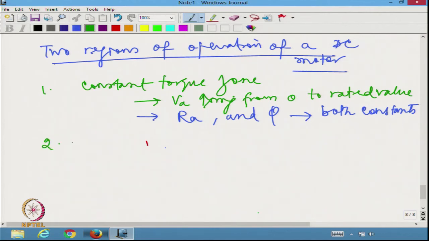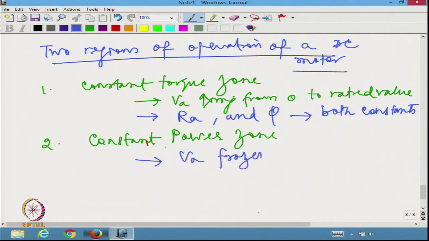The second region is the constant power zone. In this case, I am going to have Va frozen at rated value. It is not good to increase Va beyond rated value because the insulations are designed for a particular value of voltage. So, you can't really expect the voltage to be raised beyond the rated value.